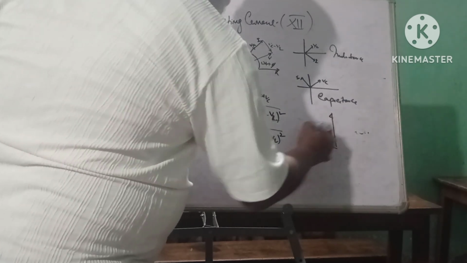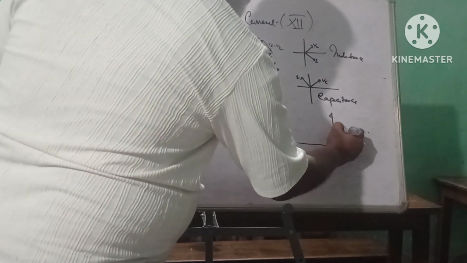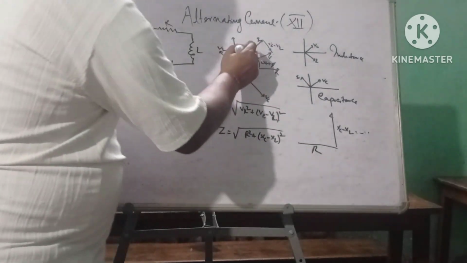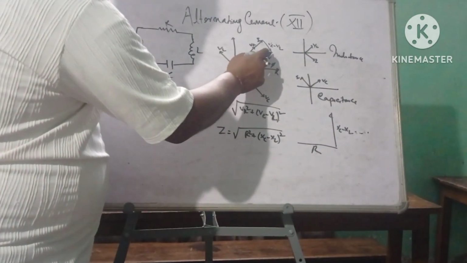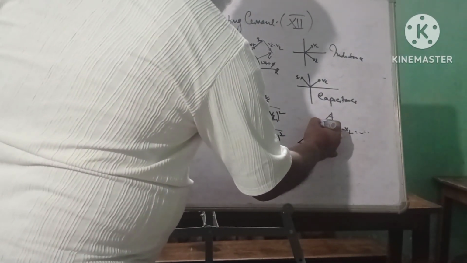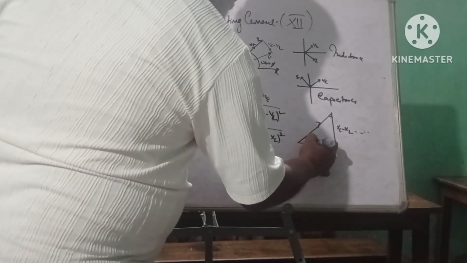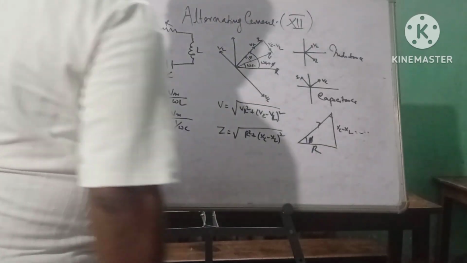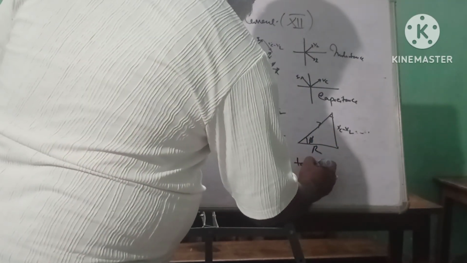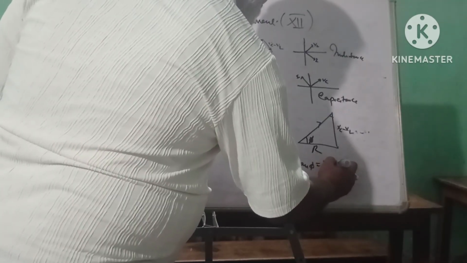Here this will be 90 degrees. This will be XC minus XL, and here this will be R. This is your resultant Z, so it makes an angle phi with the resistance. So here tan phi will be equal to (XC minus XL) by R.